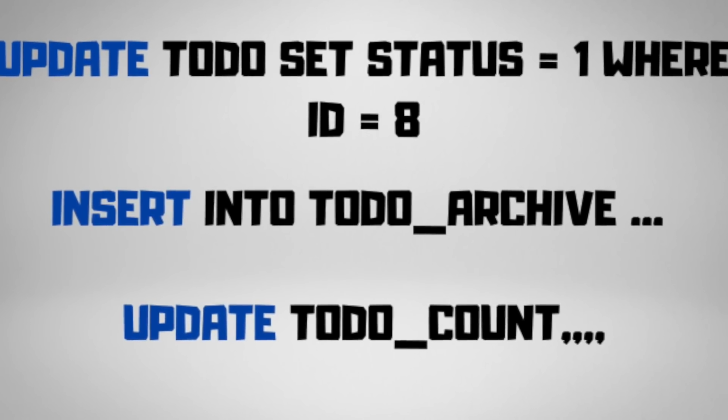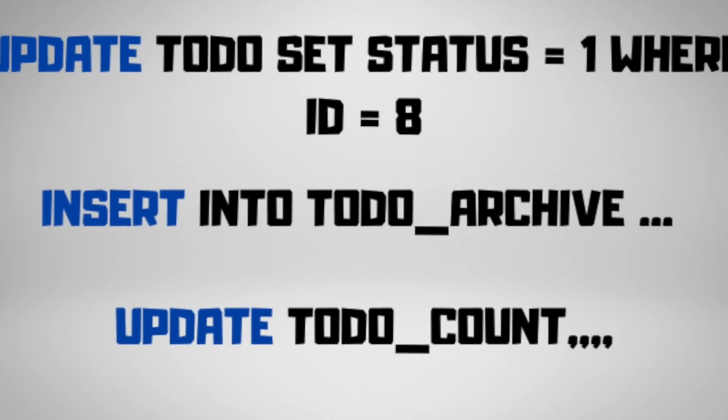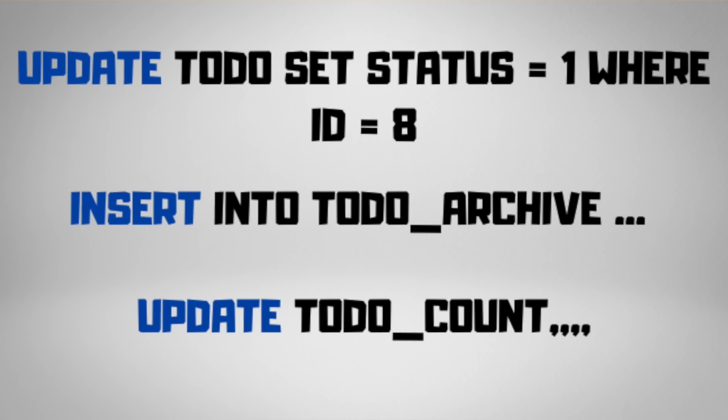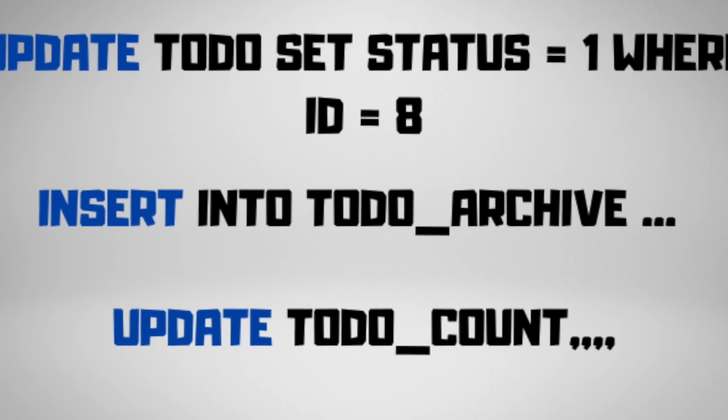Hey, Hussein has washed the dishes, for example. That's 2 writes. And then maybe you have another table maintaining the count of the tasks that you've done, so you increment or update another table. So one single API call translates to many writes, and obviously this goes downstream and affects everything.